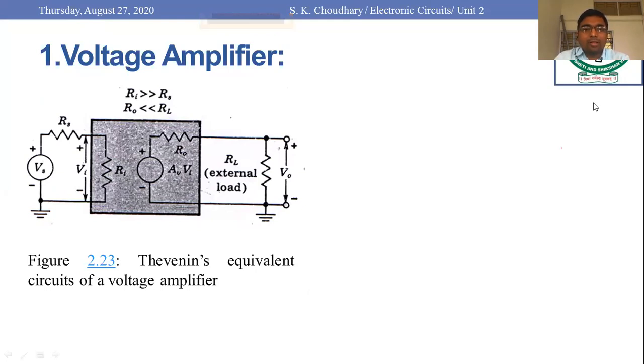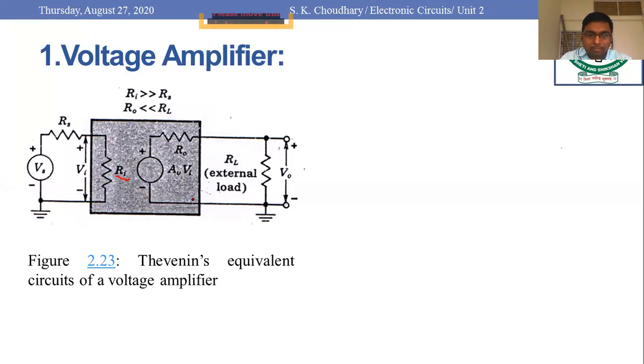In this particular diagram I have shown two sections: the input section and the output section. In the input section, you can see a voltage source Vs in series with the resistance Rs. Again, there is a series resistance Ri, and the voltage across Ri is Vi.